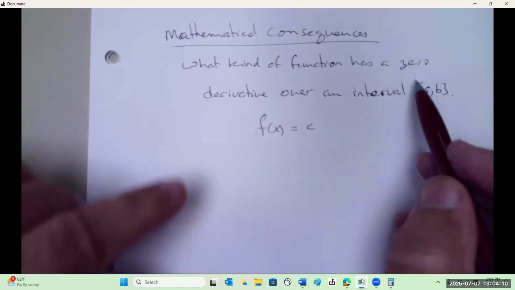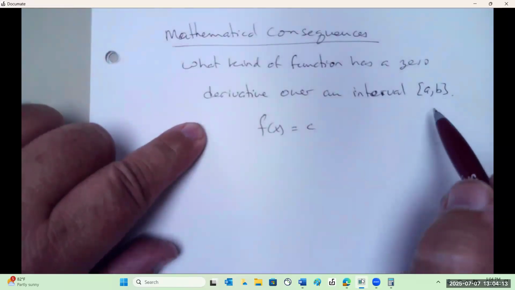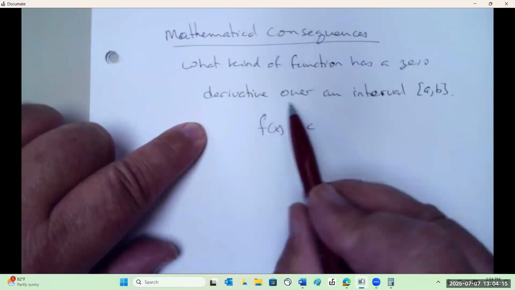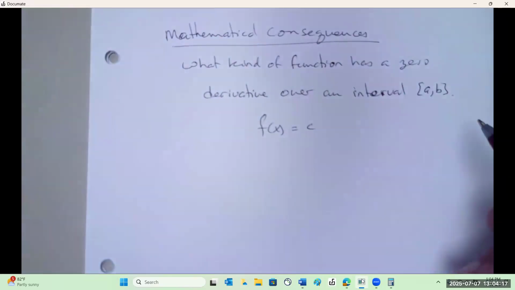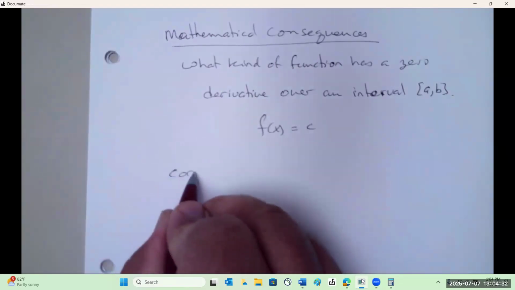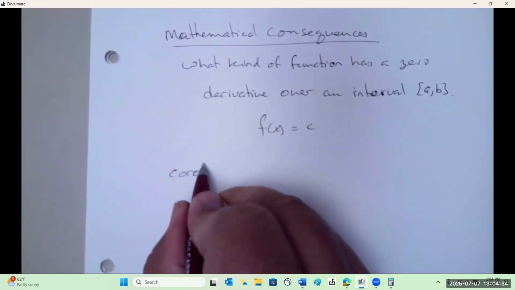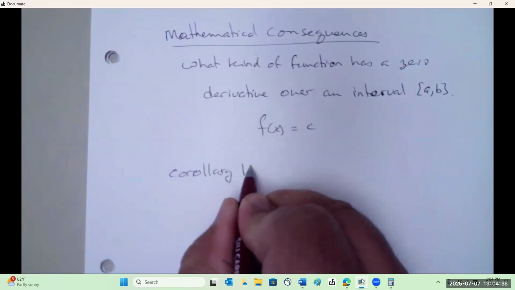Because remember, it has to be 0 everywhere on the interval. It has a 0 derivative over the interval, not at a point inside the interval. A sine or cosine function has 0 values in the interval or at the endpoints, but not throughout the entire interval. So that's what we're looking at here. Here are the corollaries we're going to look at. Corollary 1.